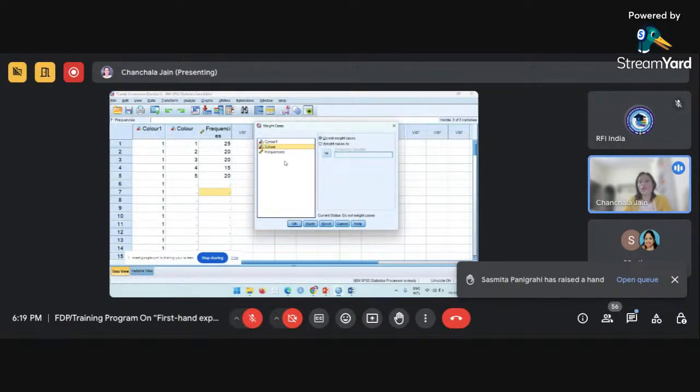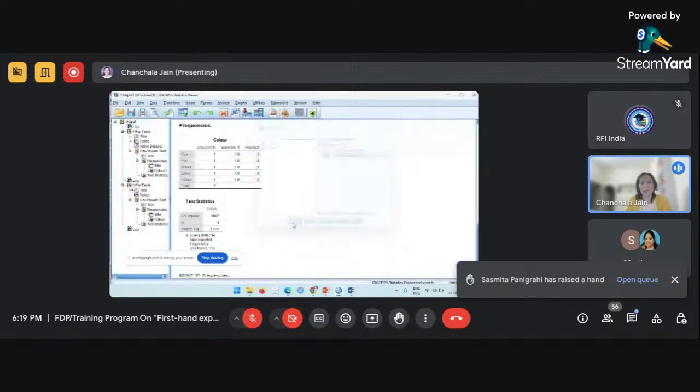By default it shows Do not weight cases, so you need to click on Weight cases by. Then shift your frequencies into the Frequency Variable box. If it is done, you can click on OK.